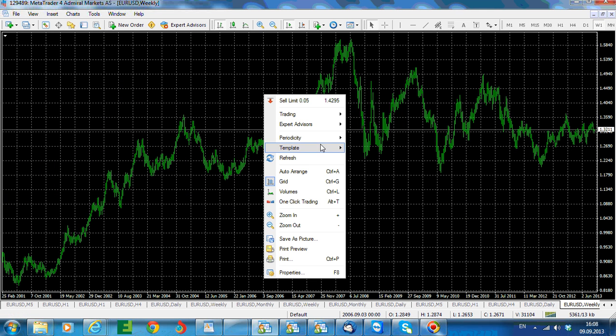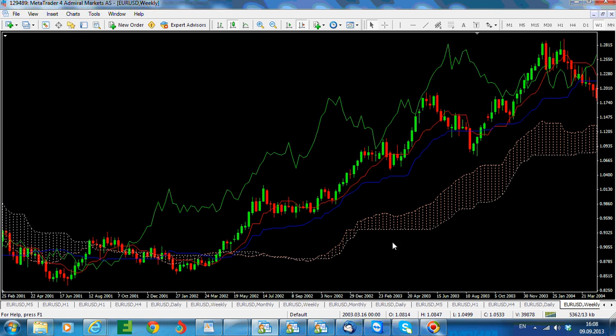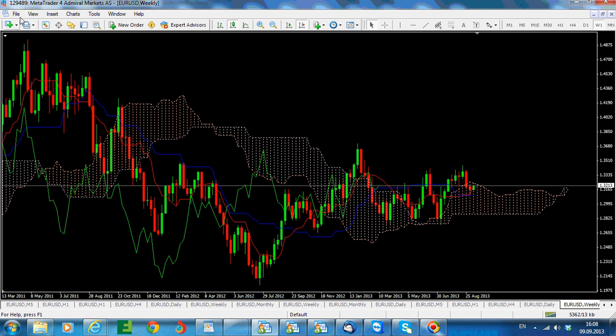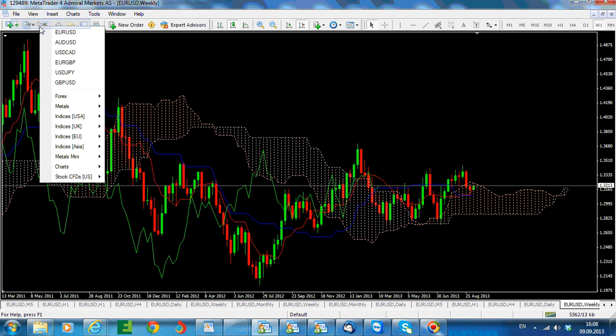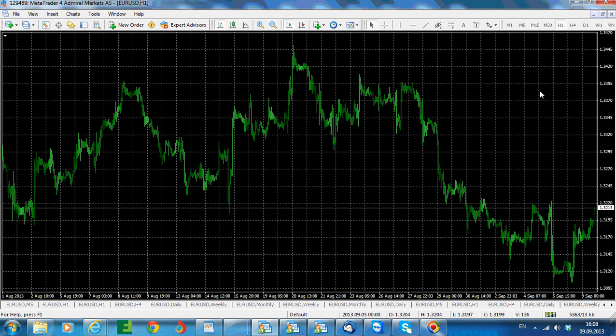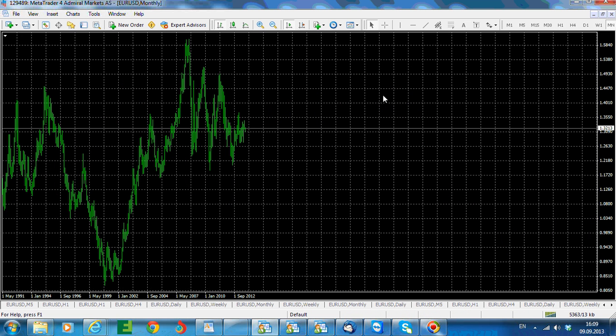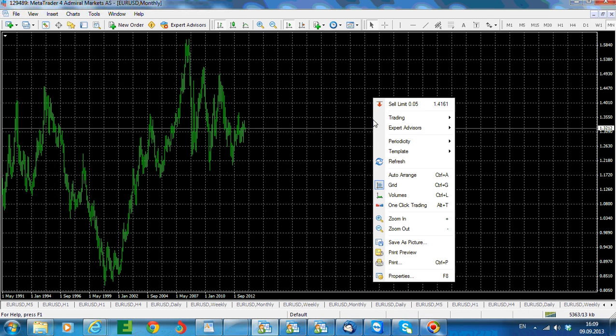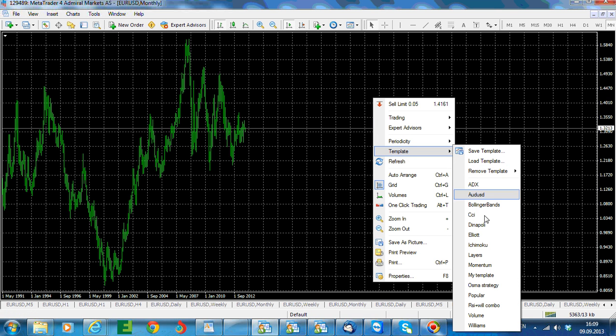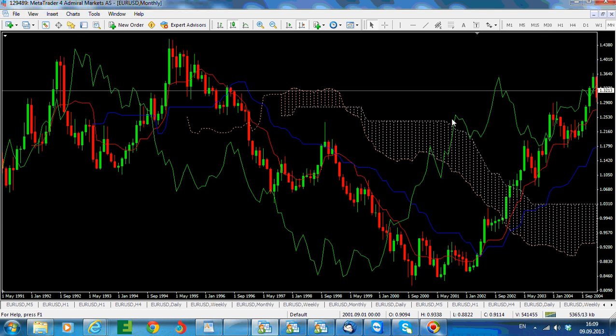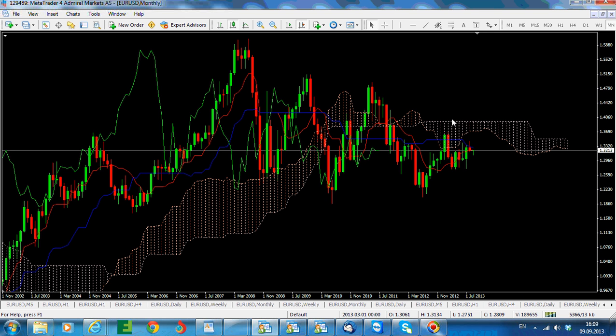We choose the Ichimoku template, and again moving forward with a new chart here, the euro dollar. So we have the weekly chart, the monthly chart, and this is the last time frame. Basically this is what you look for in terms of time frames, and this is what each broker would offer.